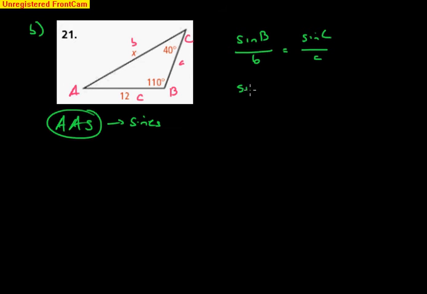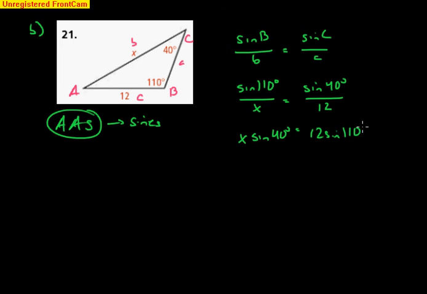And now we just fill it in. Sine of 110 over x equals sine of 40 degrees over, and c is 12. Cross multiply: x sine of 40 degrees equals 12 sine of 110, and divide by the sine of 40 degrees.